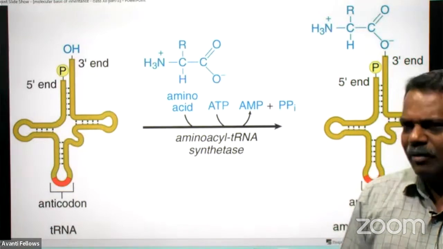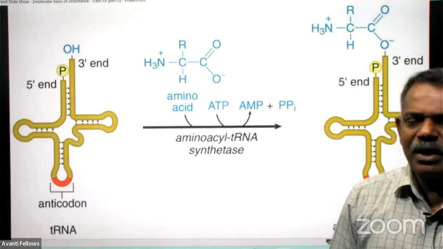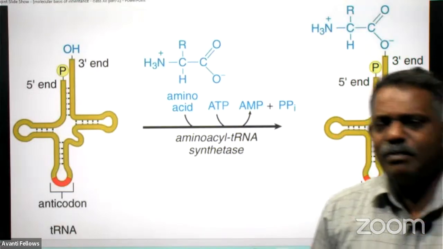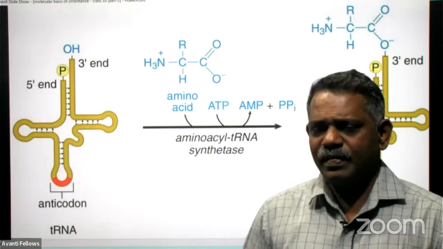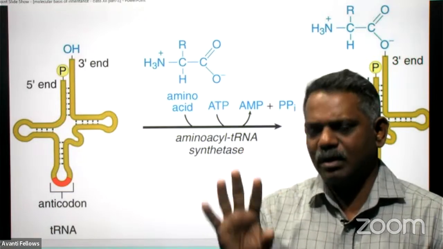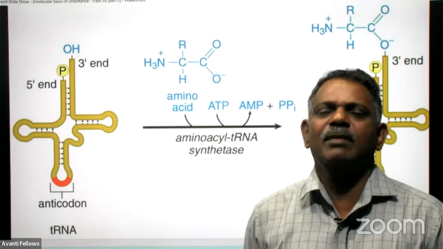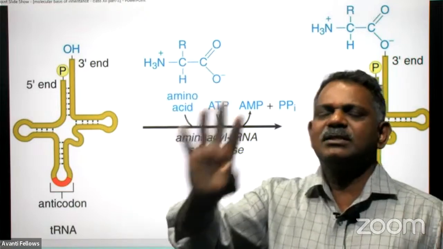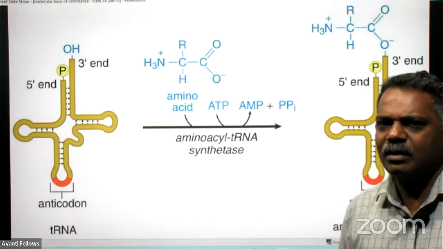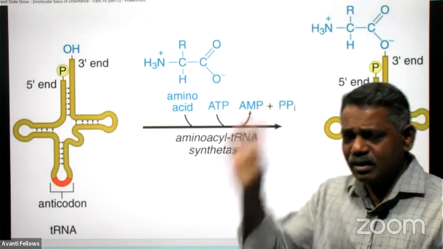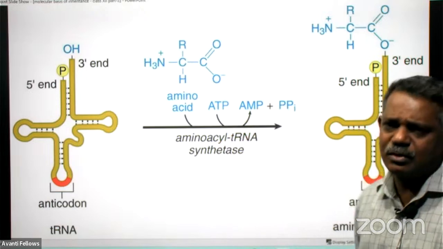So 20 different amino acids are there, but these 20 amino acids can be coded by 61 different types of triplet codons. Triplet codons 61, and 3 are not coding for any amino acid. So these 61 triplet codons have 61 anticodons, so 61 different types of tRNAs are also there.